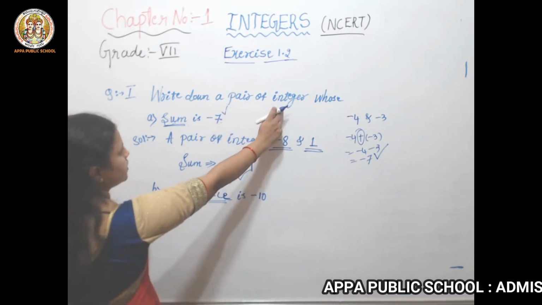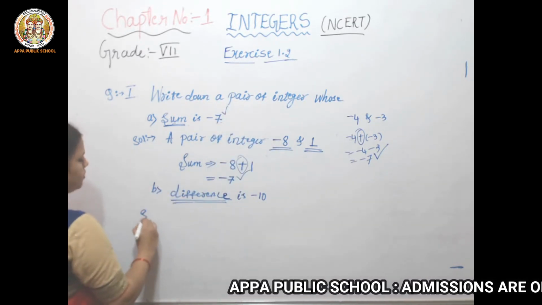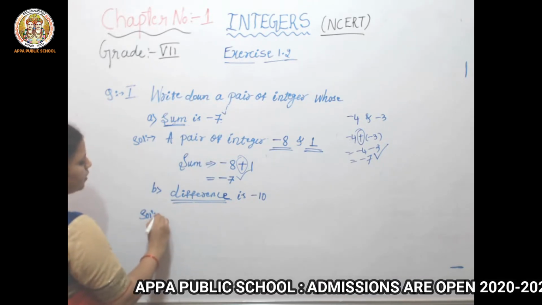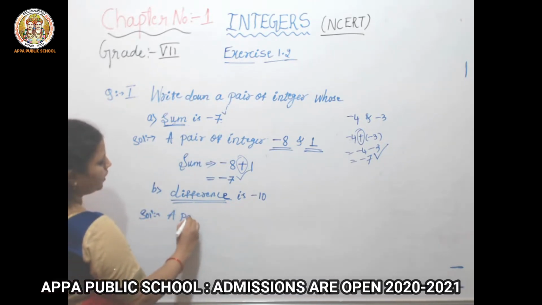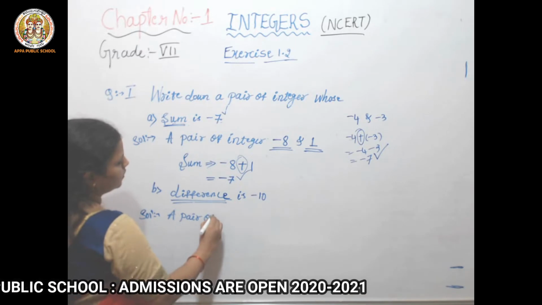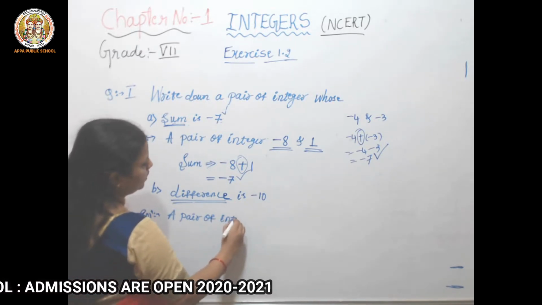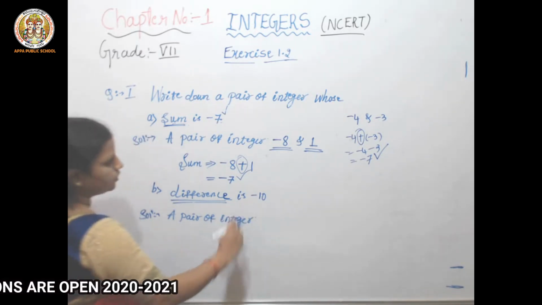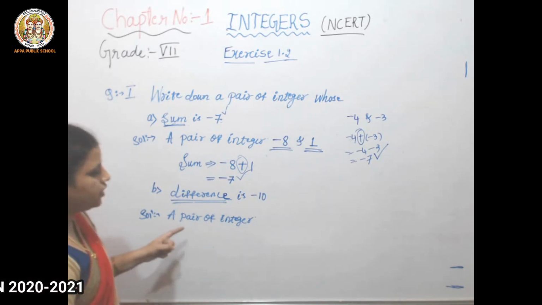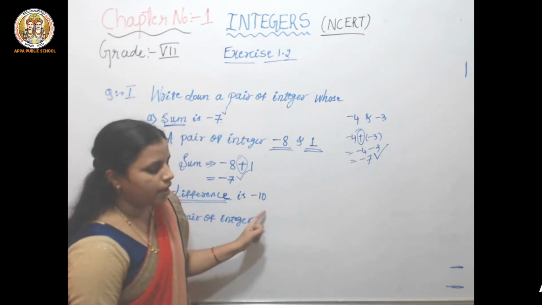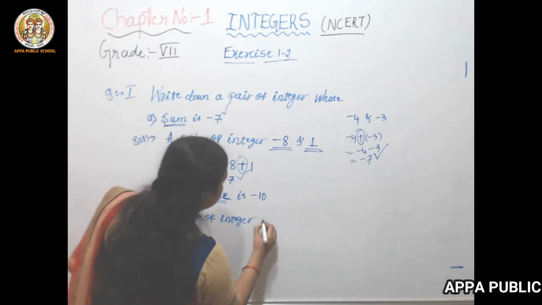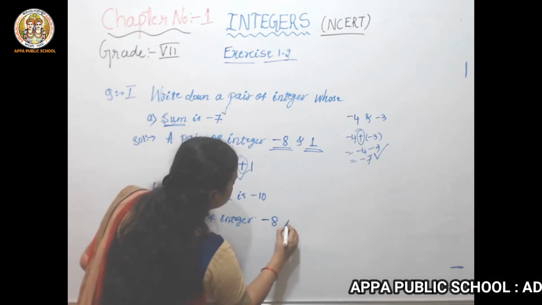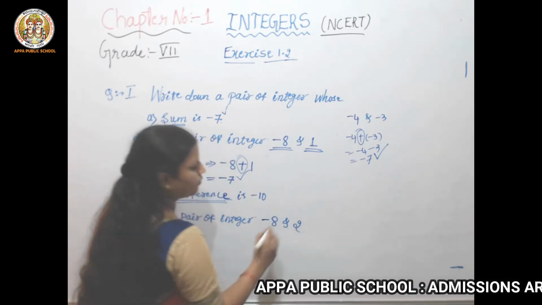So we should consider a pair of integers whose difference gives minus 10. I will take here minus 8 and 2.